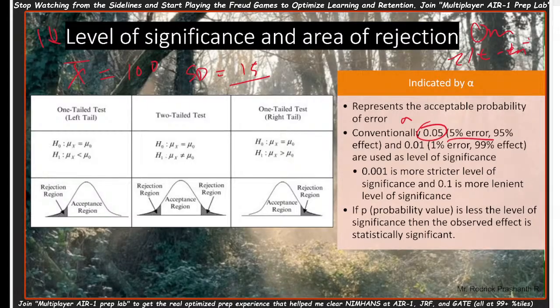So if this is your population, and you take random samples from it, what you will get is most of the time your mean will fall here. So when I say 95% effect or 95% confidence interval, I mean 95% of the cases fall in this region. So I'm 95% confident that whatever I'm getting as my sample's mean is in this region.